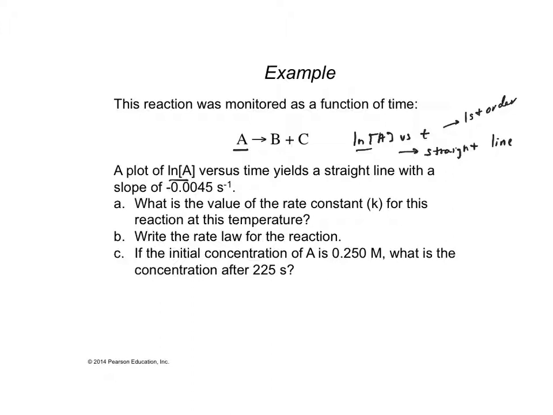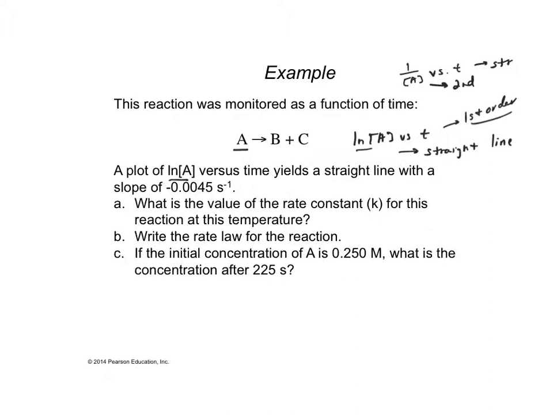If it was something like second order, they would say 1 over the concentration versus time was a straight line. It didn't say that. It said ln of A versus time. So if it said this, this would be second. It doesn't say this, so it's first, okay?